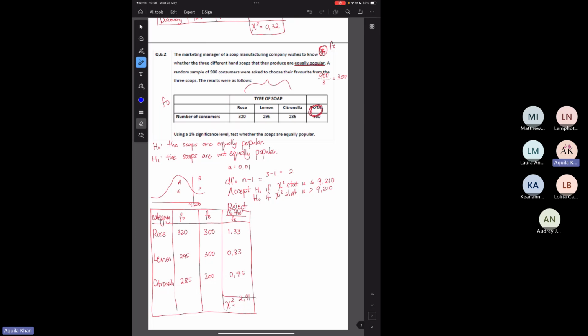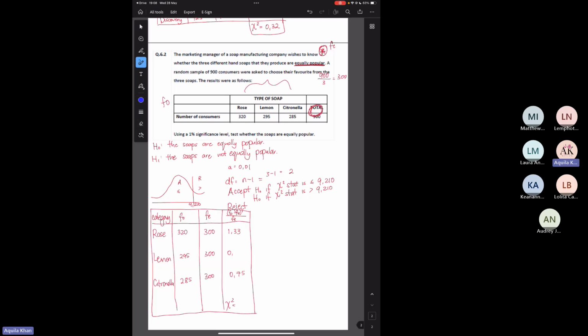It's 0. Sorry, I left out the 0 here. It's supposed to be 0. It's just not erasing.